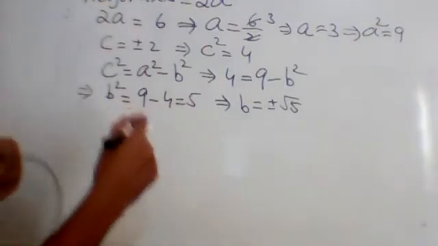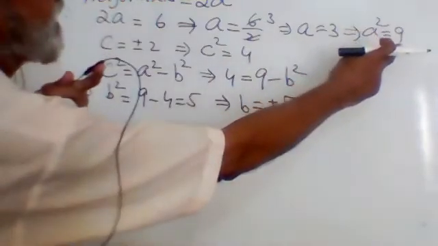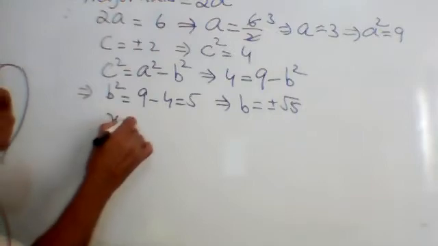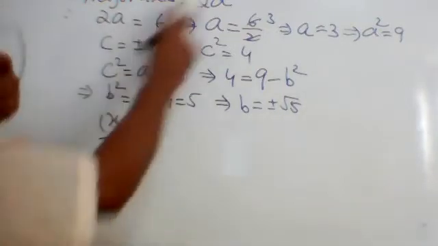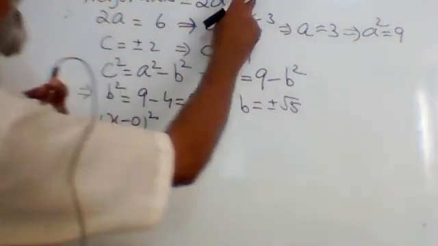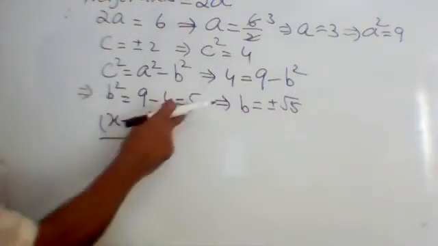Now the major axis was along the y axis. So a square will go under y square, and b square will go under x square.